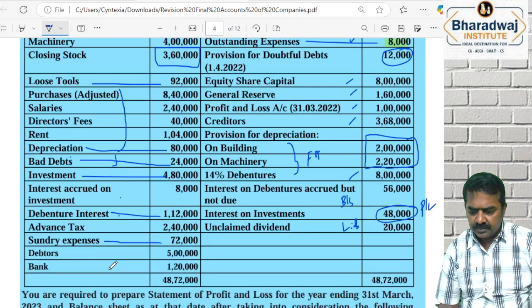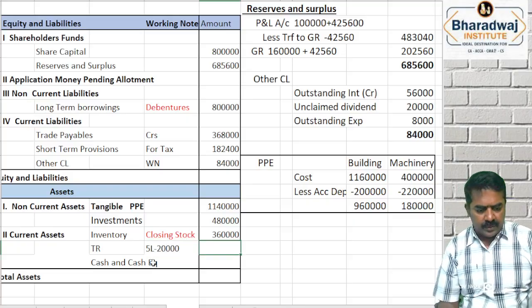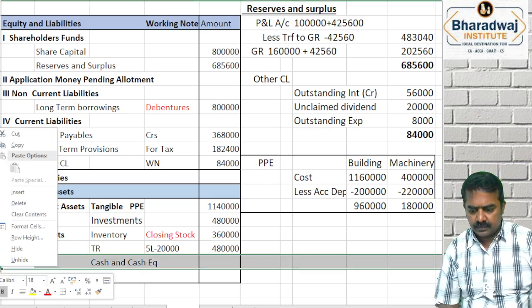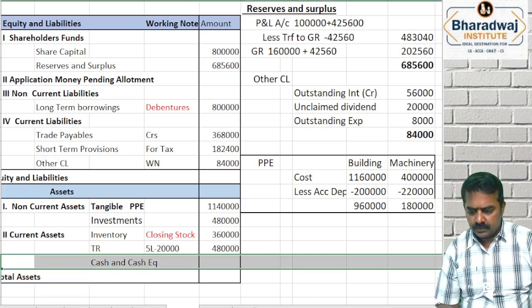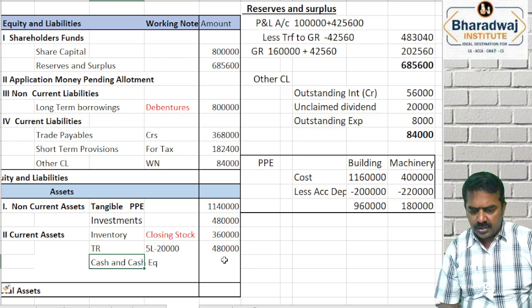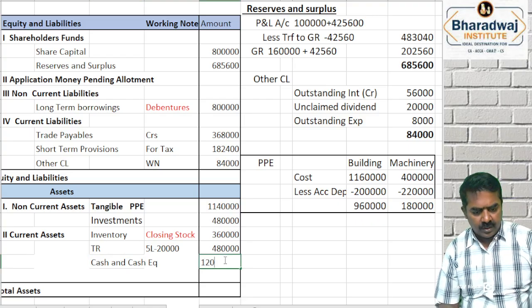Balance sheet, 5 lakhs, sir. 5 lakh minus 20,000, 4,80,000. Cash and cash equivalents, nothing but cash and bank balance, 1,20,000.